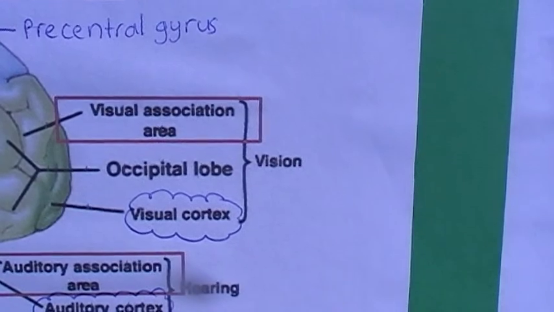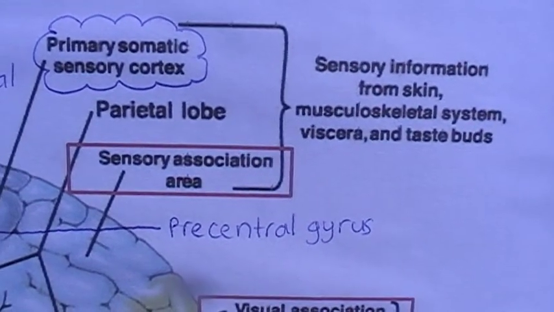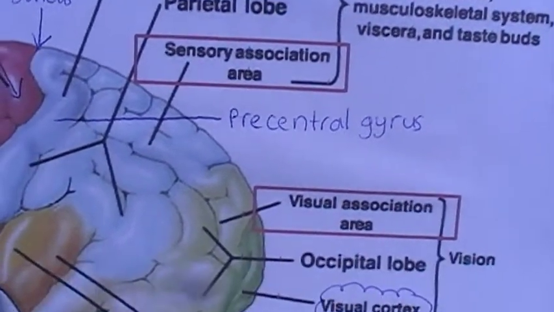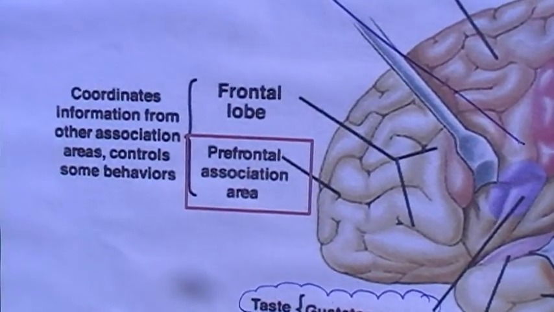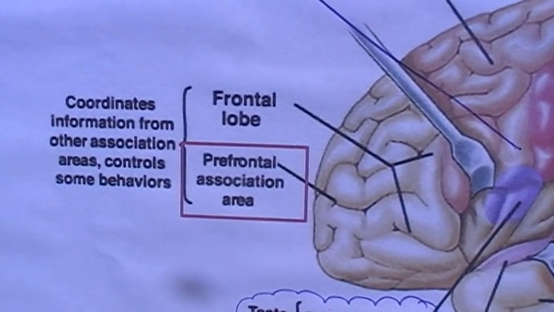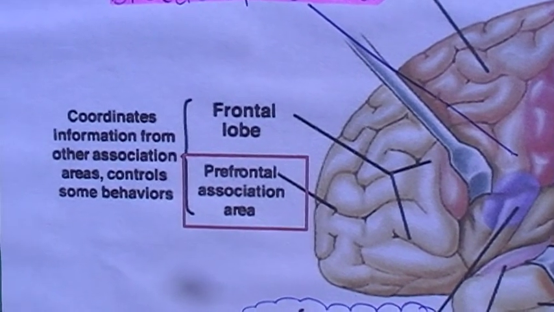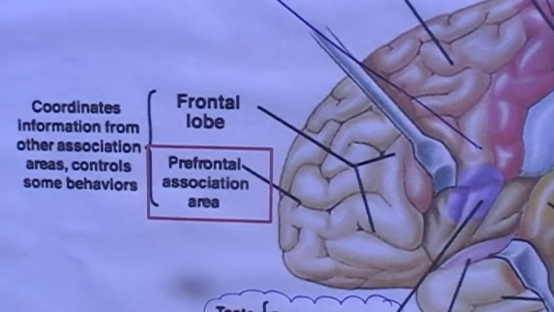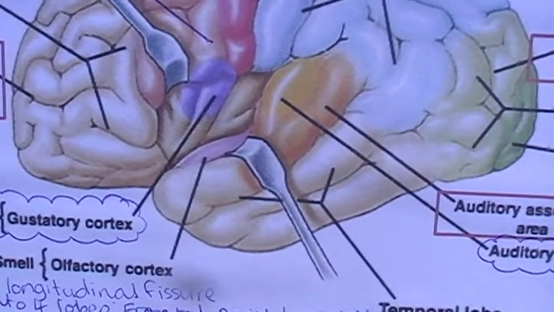In the occipital lobe. Where is the sensory association area? In the parietal lobe. Where is the area that controls behaviours and coordinates information from other areas? Frontal lobe, prefrontal association.